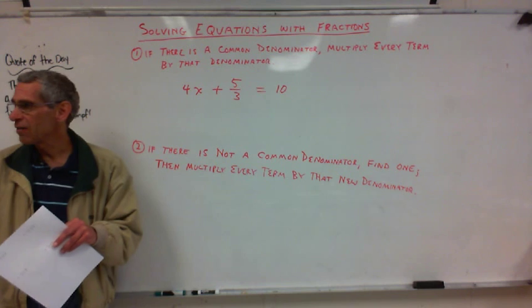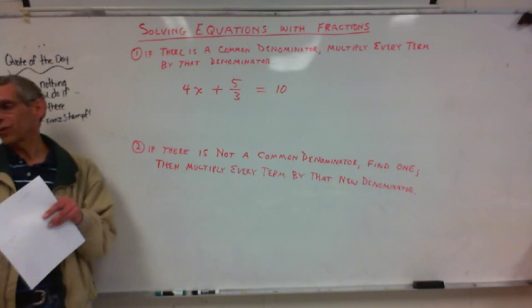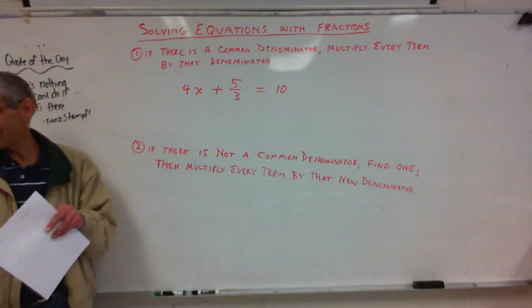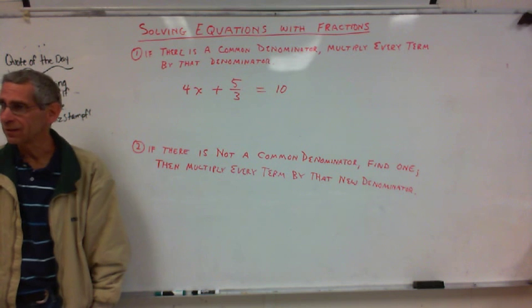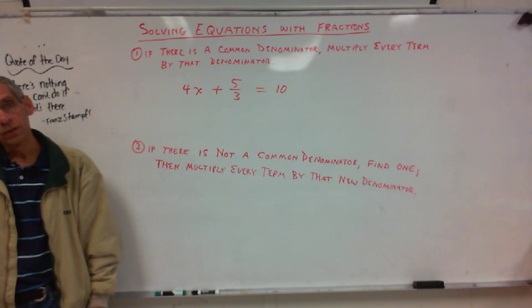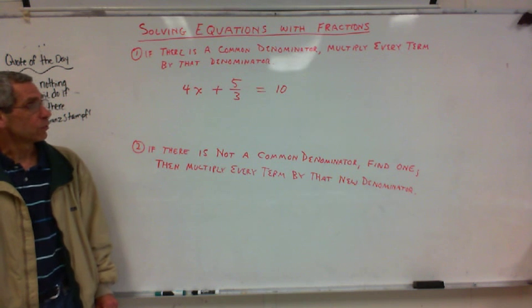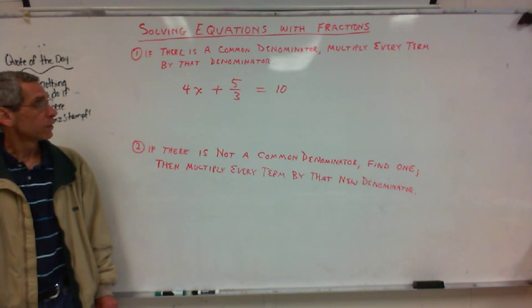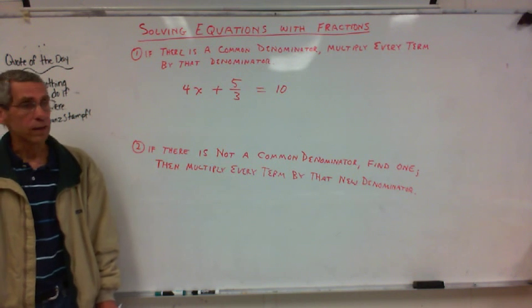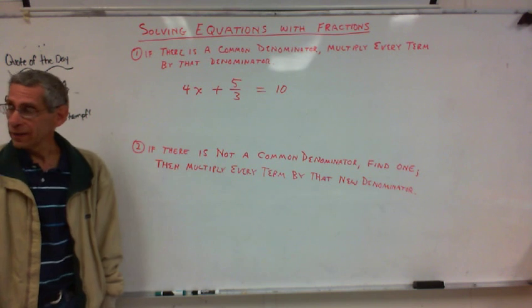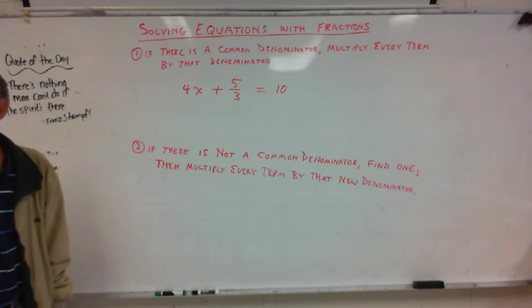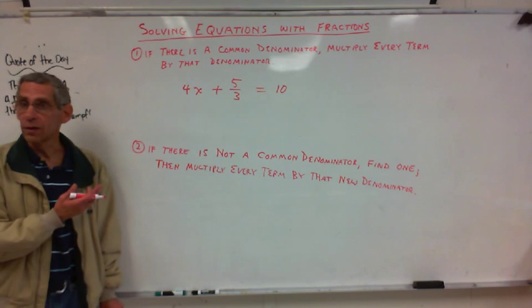I got that doggone 5/3. I have to subtract 5/3 from both sides. 10 minus 5/3, I don't know what that is. I could figure it out. I'd have to get my common denominators, right? I'd have to do 30 thirds, right? It's not so bad, but it's not the easiest. Look at this. What is my denominator?